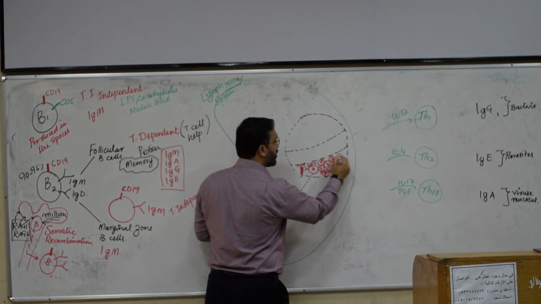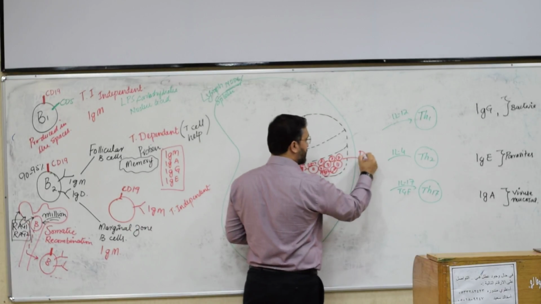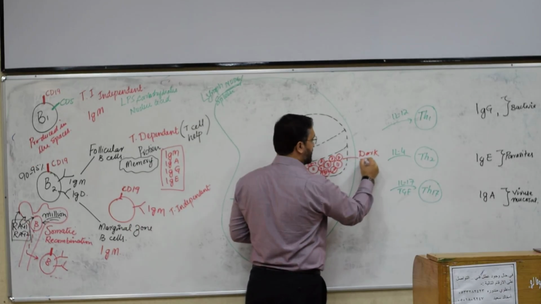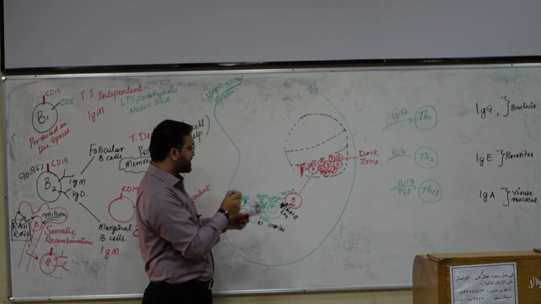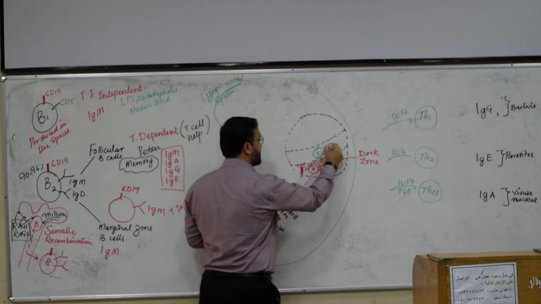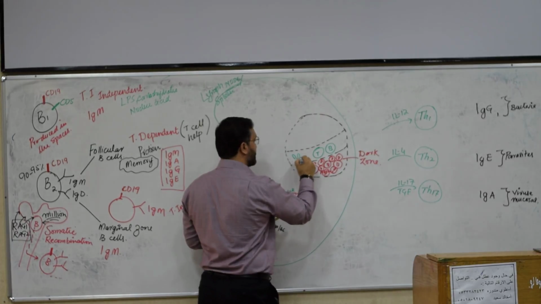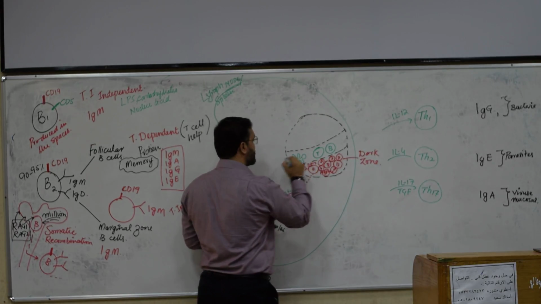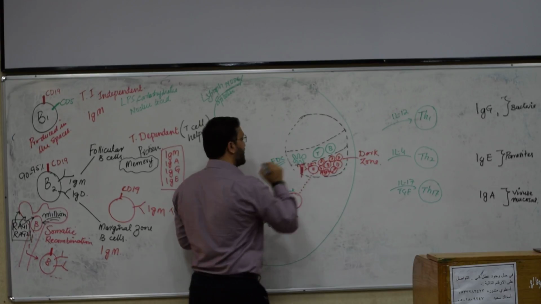And because of the lot of B cells, this zone is called the dark zone. And this combination comes here, T cell along with B cell, and there is another new cell here, which is the follicular dendritic cell, FDCs.